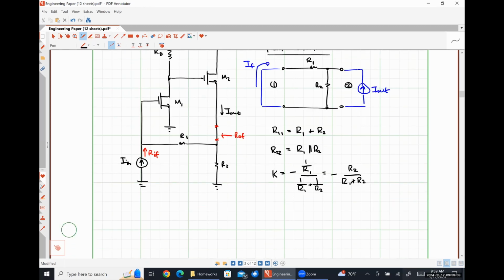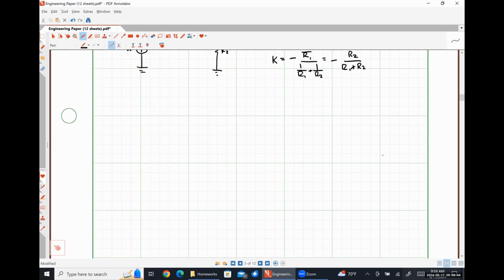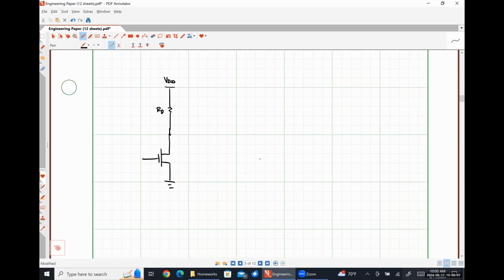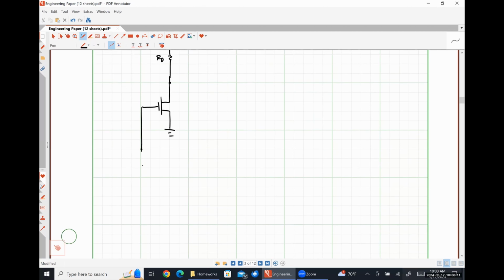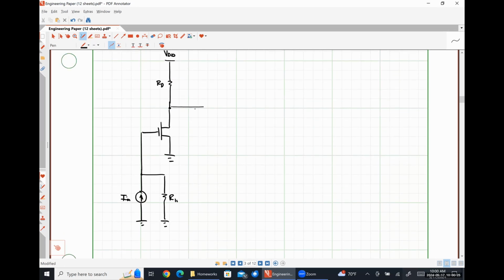All right, so let's look at our open loop circuit. So it's going to look something akin to this. So here's VDD, RD, IN, R11, R22.